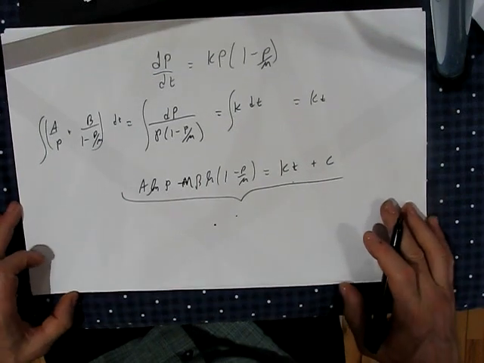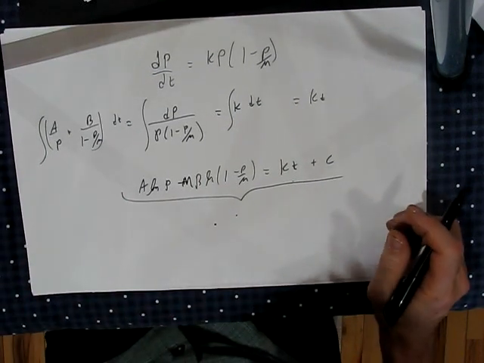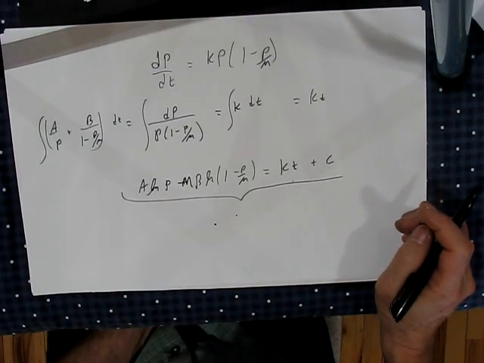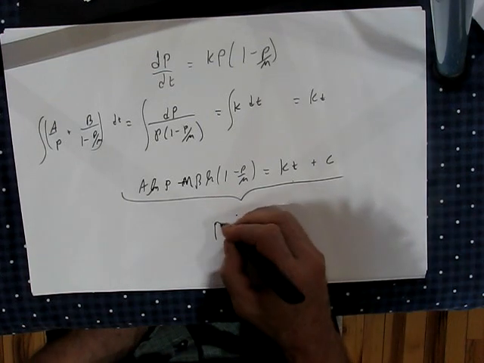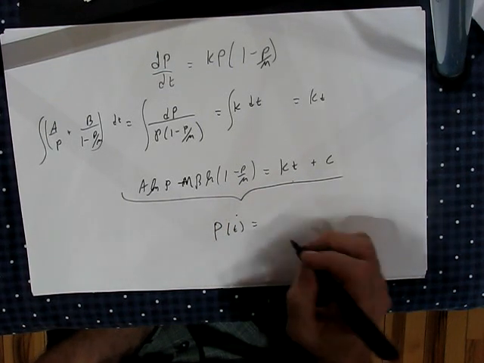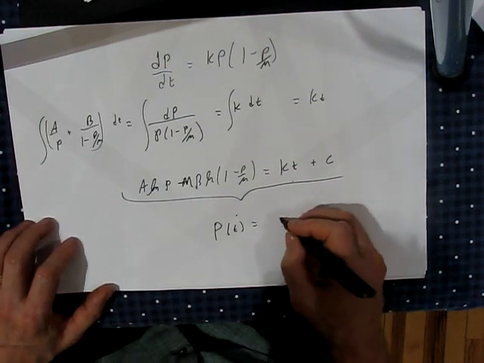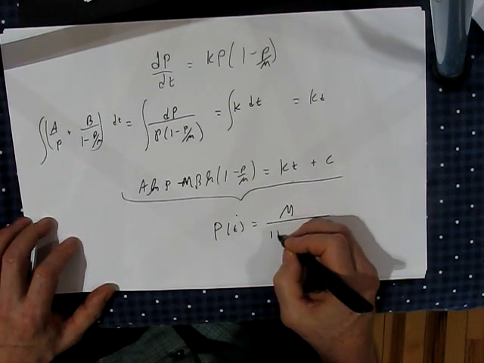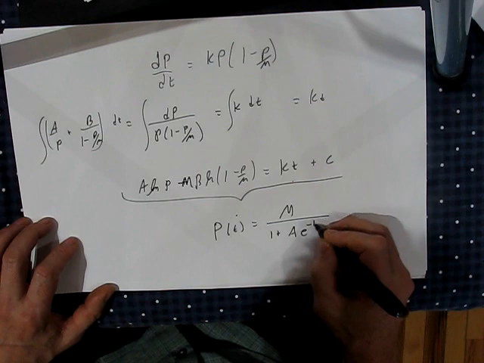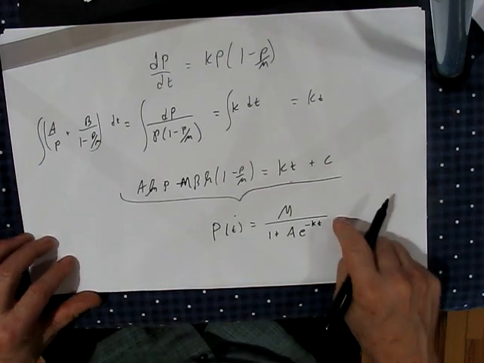What happens next is we actually try to solve for p. And what's interesting is that we can, using some algebra and some logarithms, and we get p equals m over 1 plus a e to the minus kt. Now let's take a look at this function.